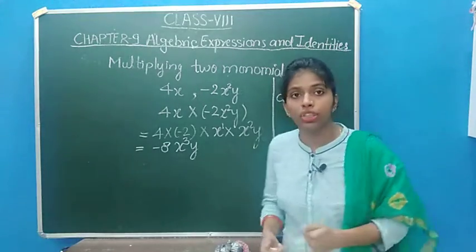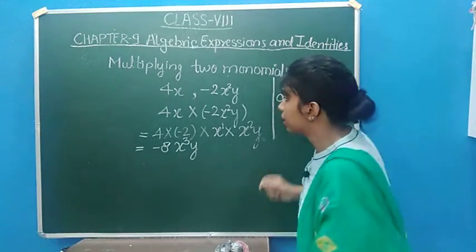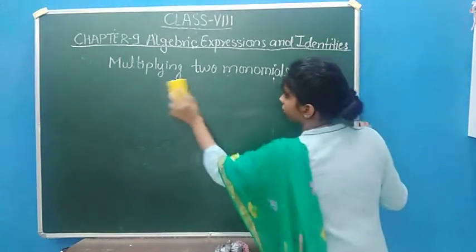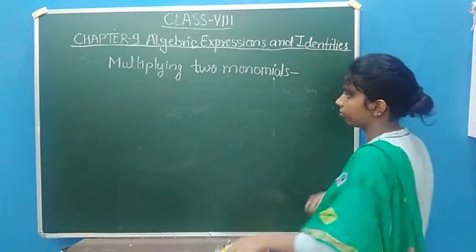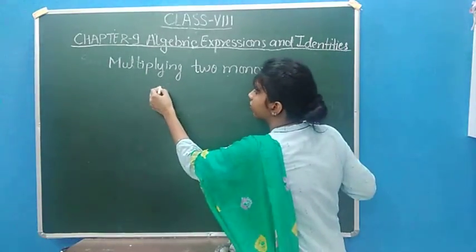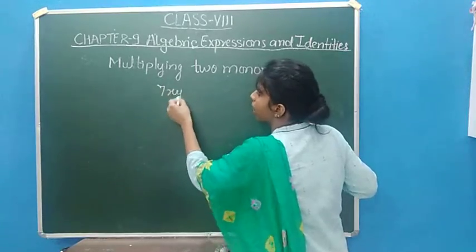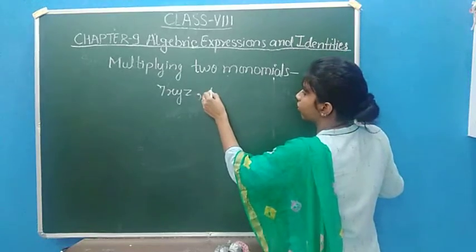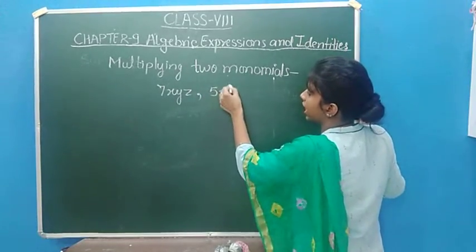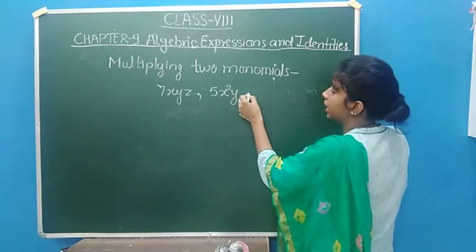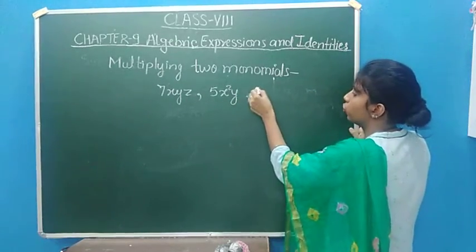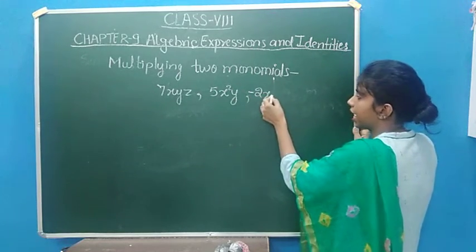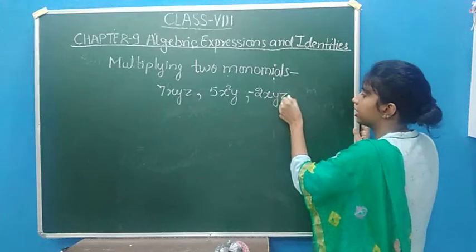If we have more than 2 monomials, so suppose I am taking some monomials. 7xyz, one monomial, and 5x square y, and the third monomial is minus 2xyz square.